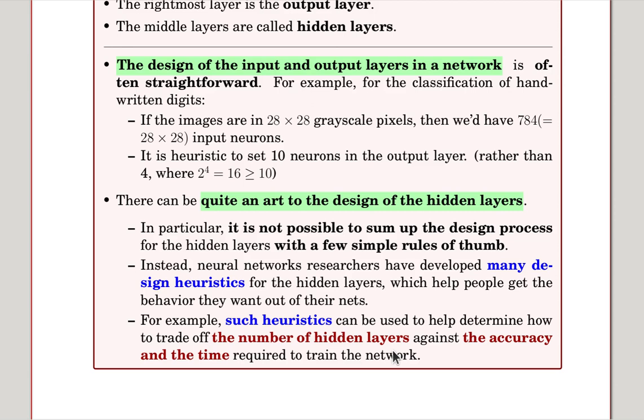It's not easy to summarize the rules of thumb. However, the heuristics can be used as a guideline to design a network having a certain number of hidden layers and a certain number of units, and so on.